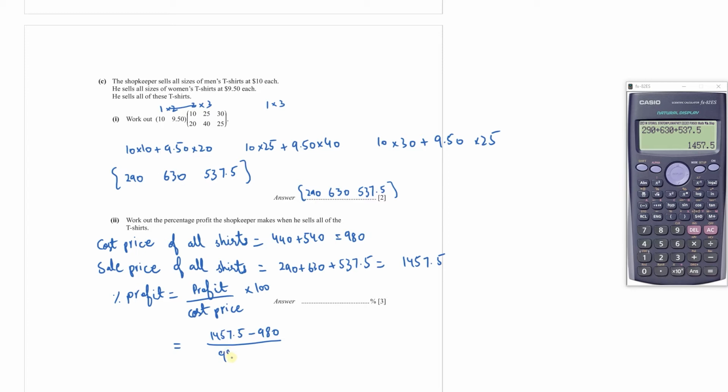Divided by cost price, which is 980, and then multiplied by 100. So let's calculate this. 1457.5 minus 980 divided by 980 and then into 100. So this is 48.7%. So you write again up to three significant figures.